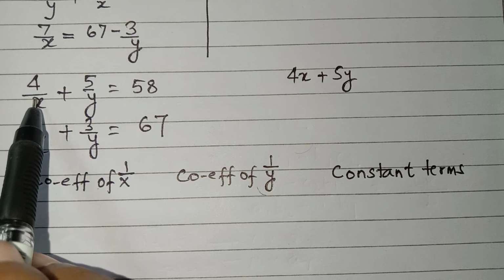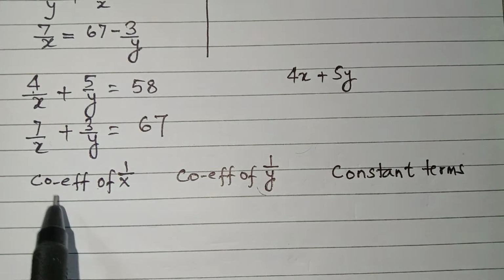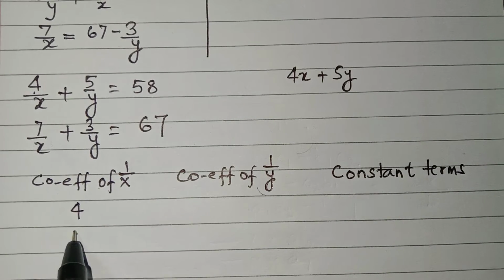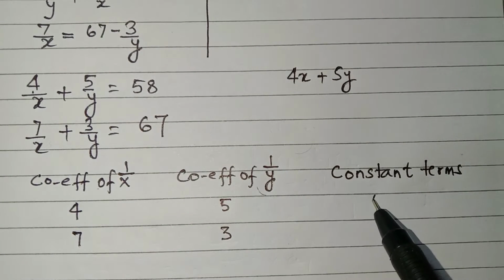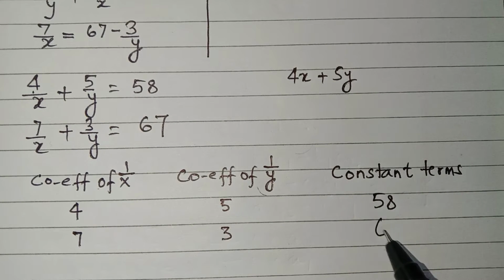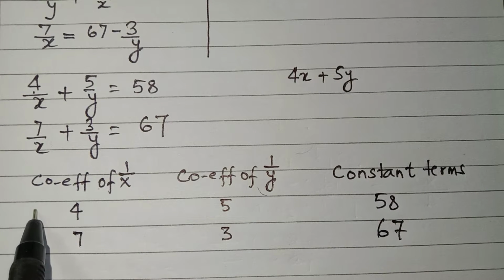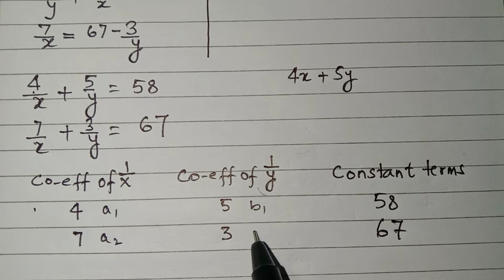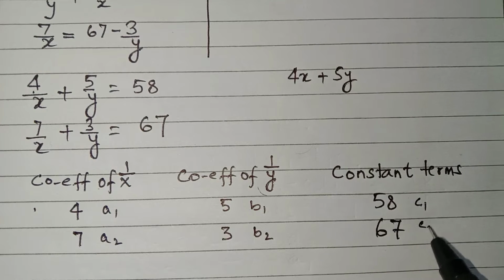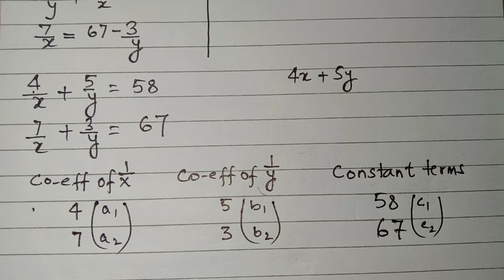But here we are given 1 upon x, so the coefficients of 1 upon x and 1 upon y. Then I have 4 here and 7 here and 5 here, 3 here. So my constant terms are 58 and 67. Dear friends, this is a1, this is a2, this is b1, b2, c1, c2. For your convenience I have written here, but it is not required to write in the solution.